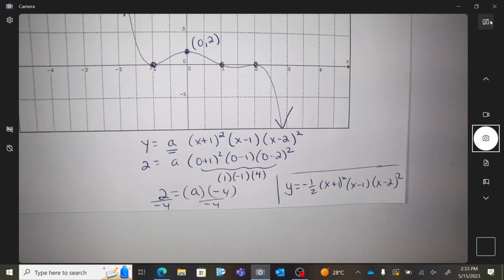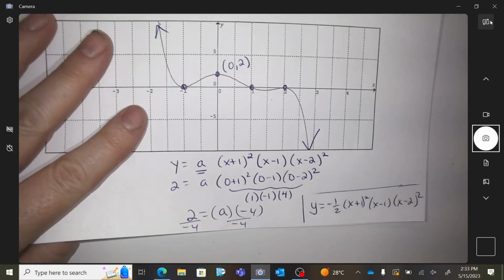That's fine. That's okay. Okay. So that is the conclusion of your graphing. That's good. And equation making.